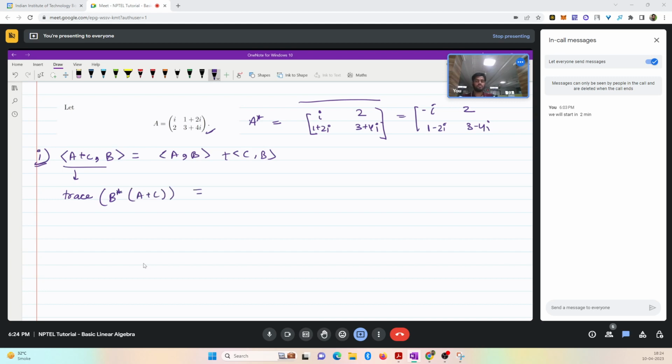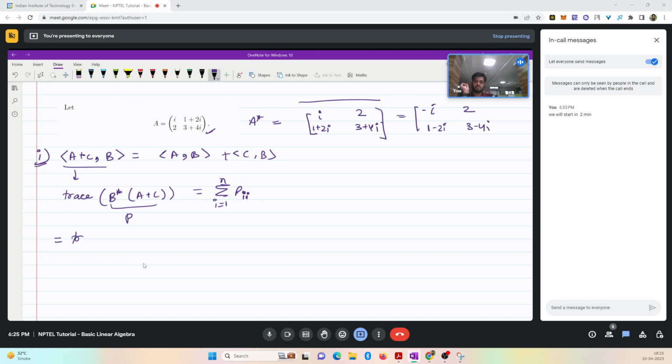Okay, so what is trace? Let's say this matrix is product P, then trace is nothing but the sum of Pii, right? So what we can do is we can just keep writing like this.